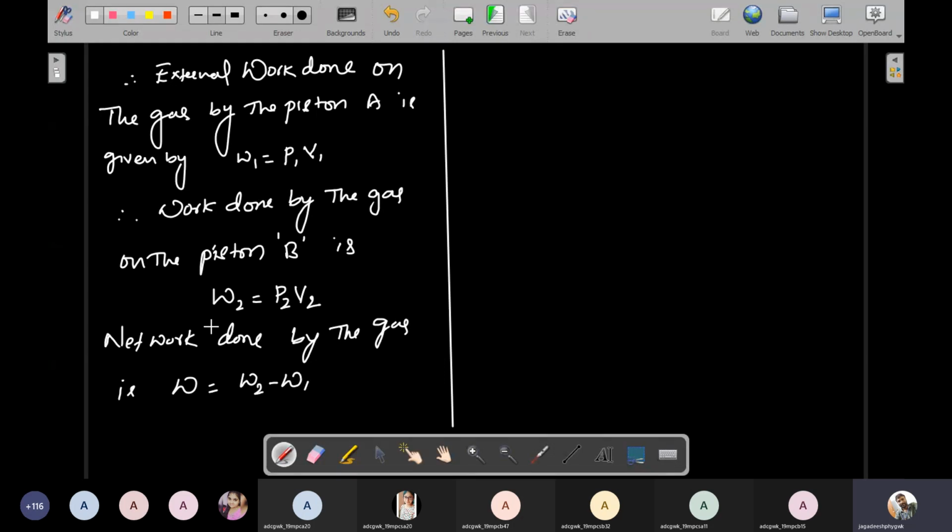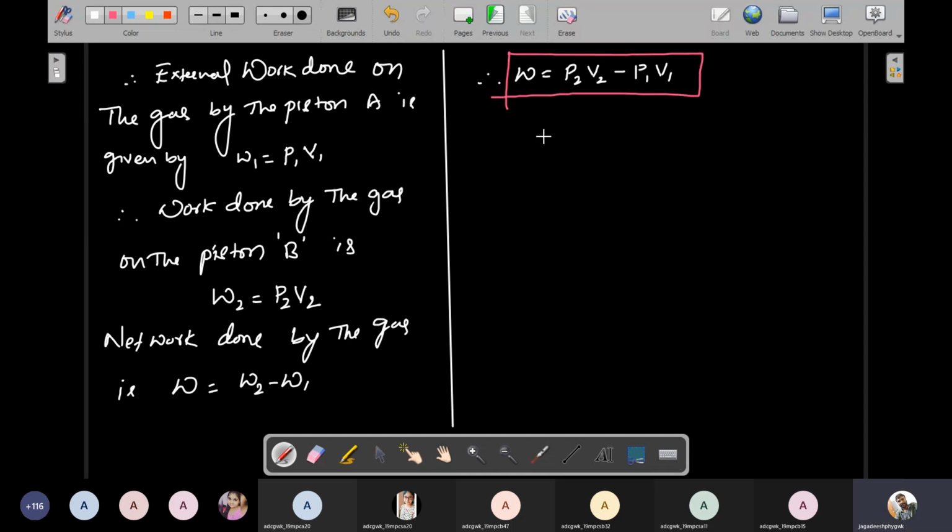So the total net work done W is equal to, W2 is nothing but P2 V2 minus, what is W1? P1 V1. So this is your net work done. When the piston A is moving, this much work is done, after the gas performs initial and final work. This is the external work.